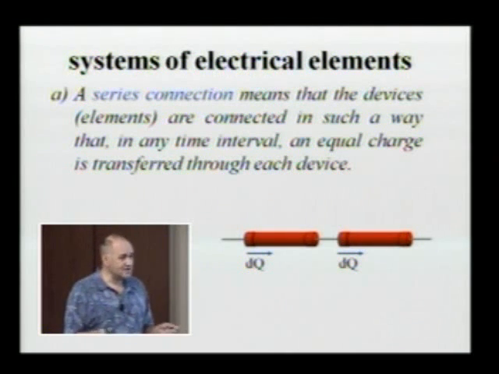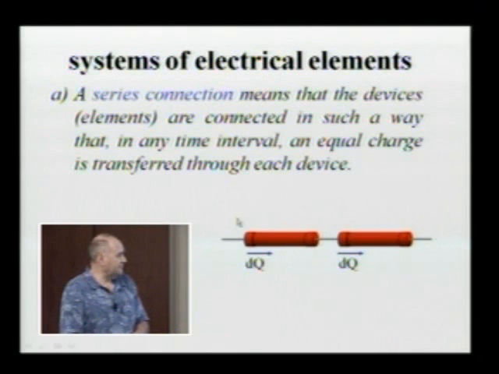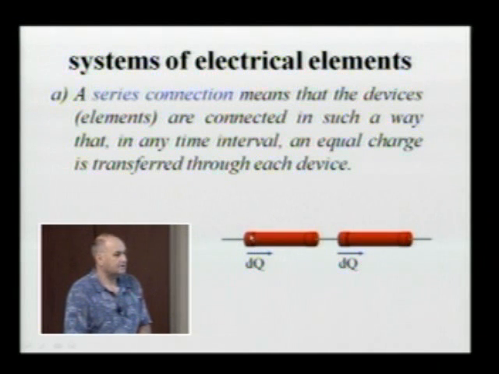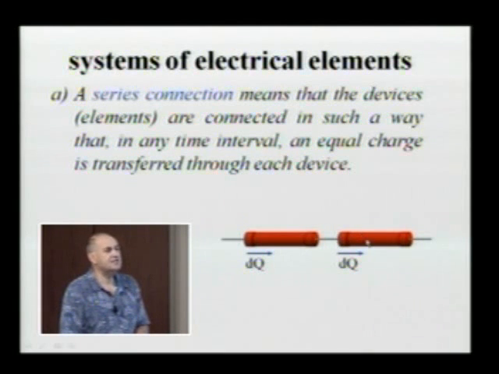These are not the same particles carrying the charge, however. So let's say that one electron enters this element over here. It would mean, if the elements are connected in series, that in the same amount of time, one electron has to enter the second element.